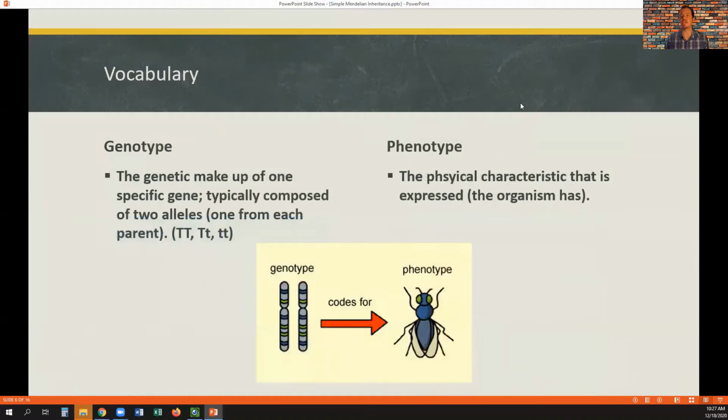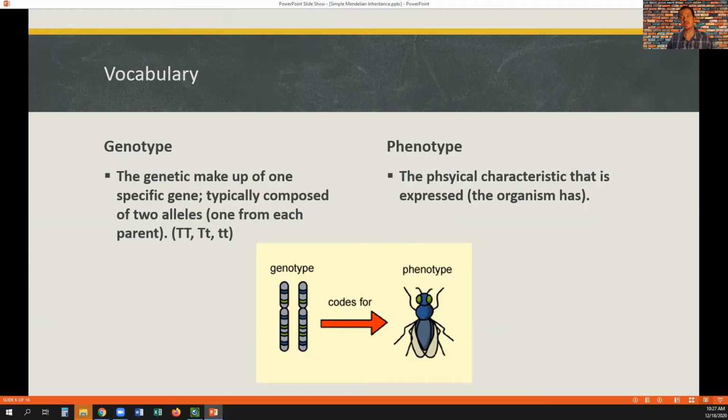Our next vocabulary term is called a genotype. Remember, in science, we always want to make those connections and look for those keywords. So genotype, that is an organism's genetic makeup. Remember, if I'm going too fast or too slow, you can pause the video and get these terms written down for your worksheet.